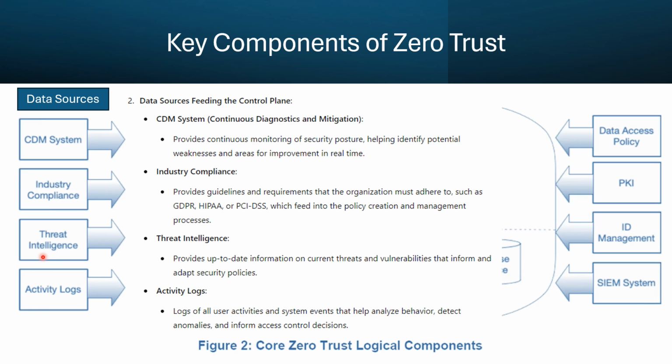Threat intelligence provides up-to-date information on current threats and vulnerabilities that inform and adapt security policies, and activity logs are logs of all user activities and system events that help analyze behavior, detect anomalies, and inform access control decisions.